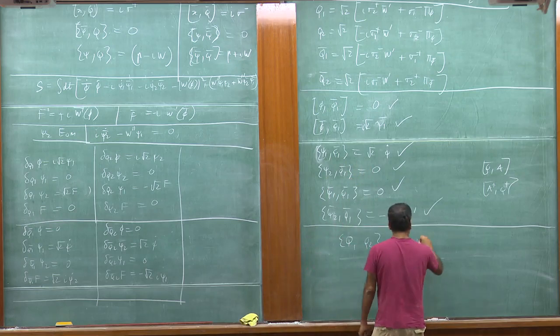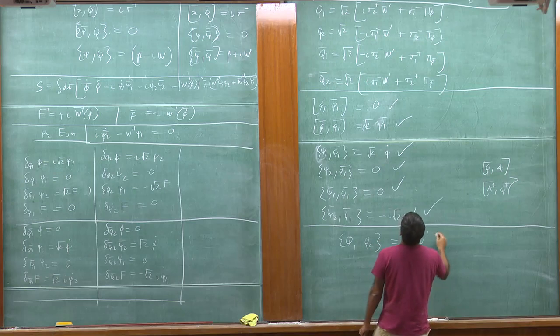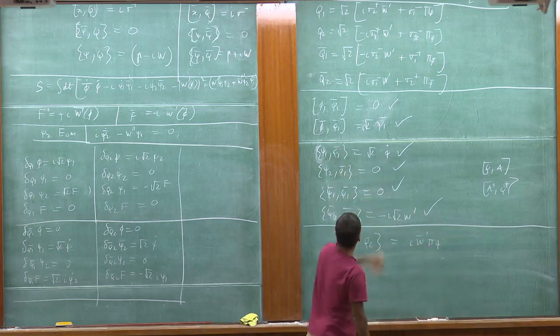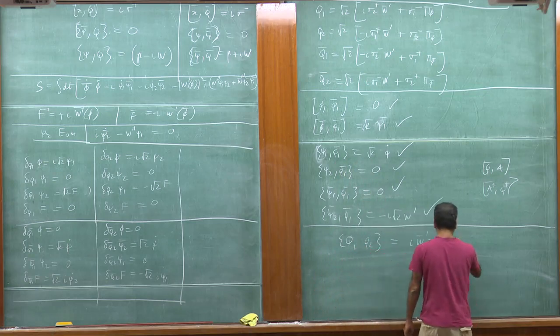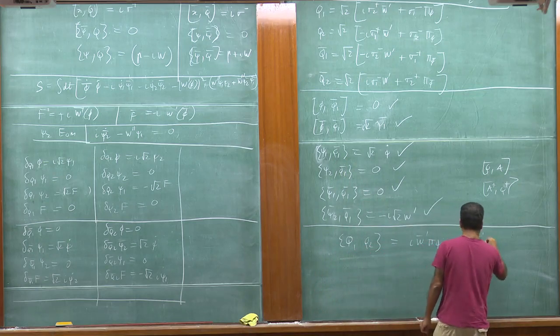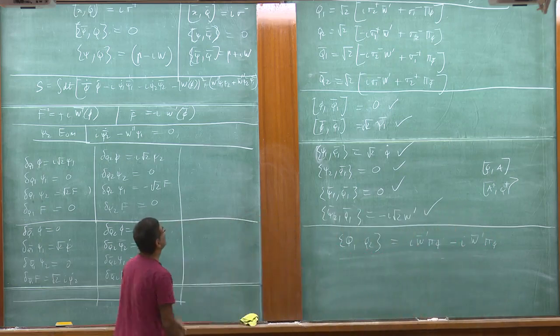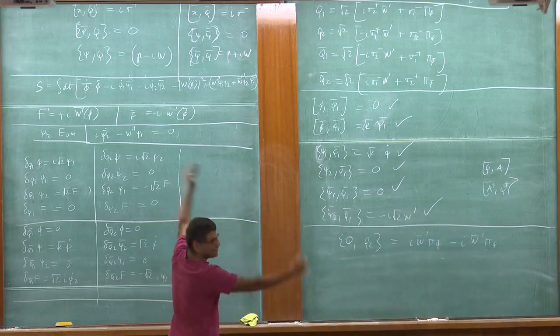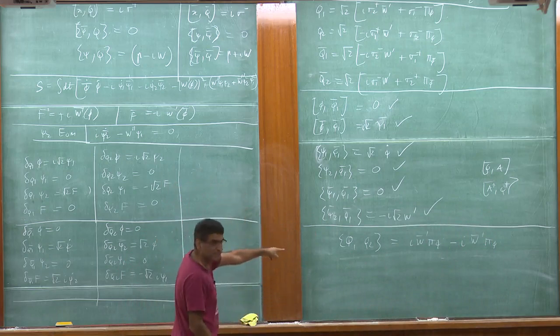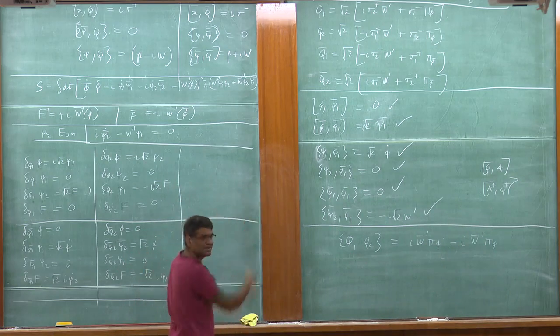I get I W bar prime pi phi from the first term. But we also get minus I W bar prime pi phi from the second term. The sigma 2s hitting each other give you the first term, and the sigma 1s hitting each other give you the second term.